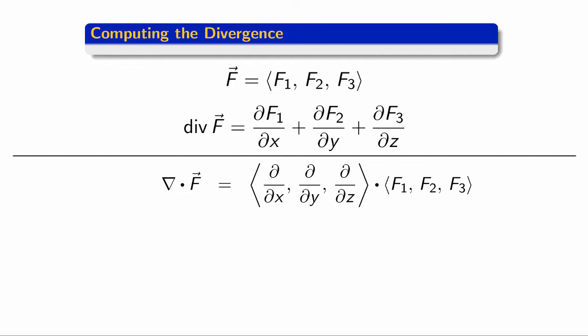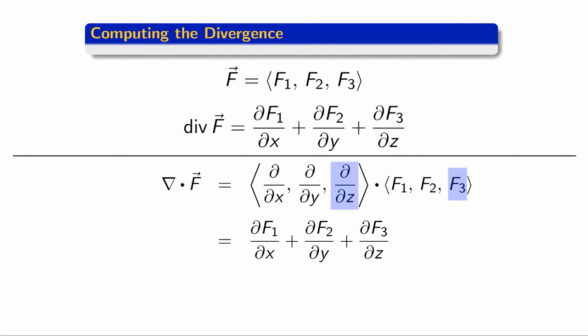That is, del dot f evaluates to df1 by dx plus df2 by dy plus df3 by dz, which is just the formula for the divergence. If we want to emphasize that the divergence is being computed at a specific point, then we can do so using function notation.